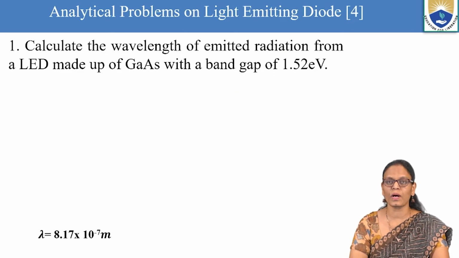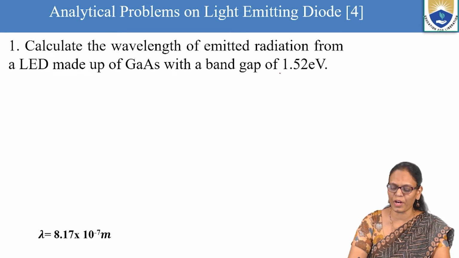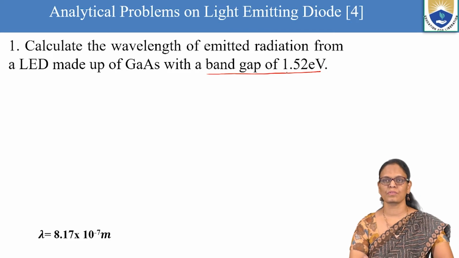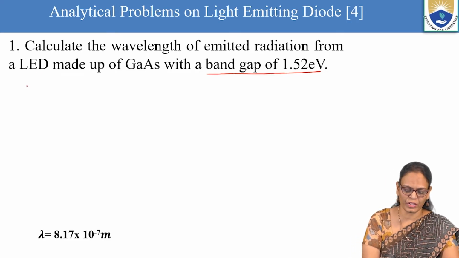So the first one we are going to do is calculate the wavelength of the emitted radiation from an LED made up of gallium arsenide with a band gap of 1.52 electron volt. So first we'll write the given data.